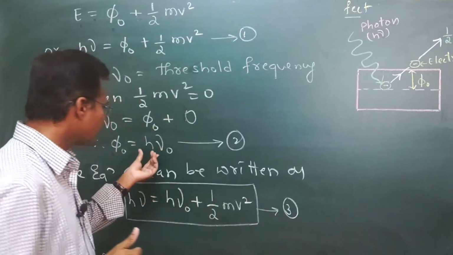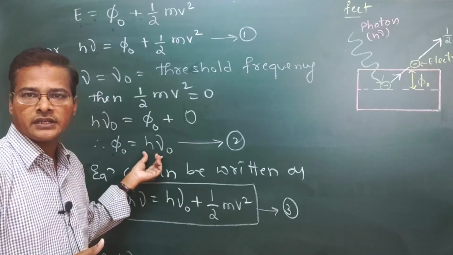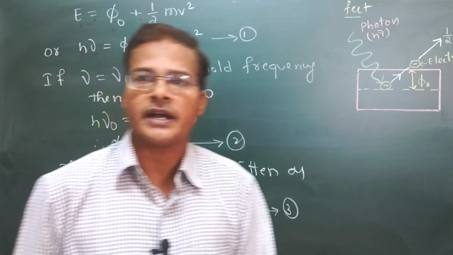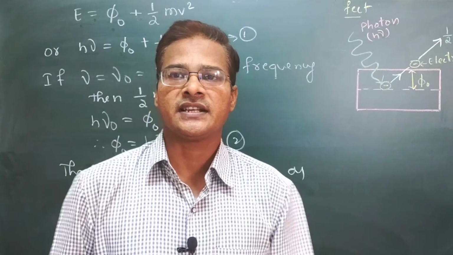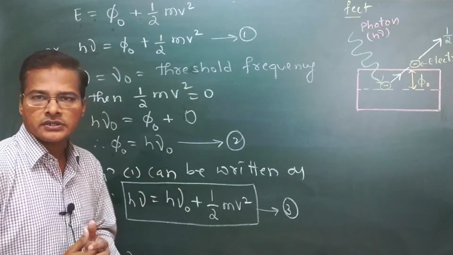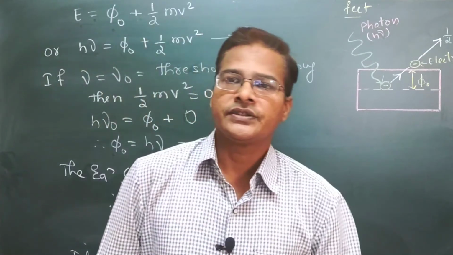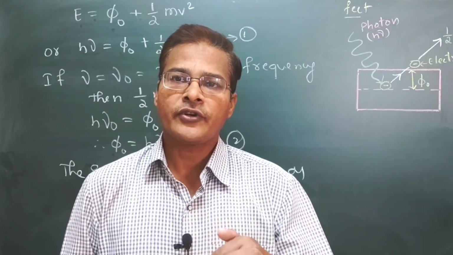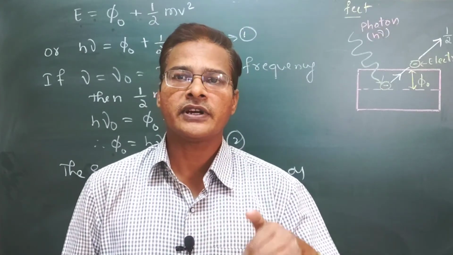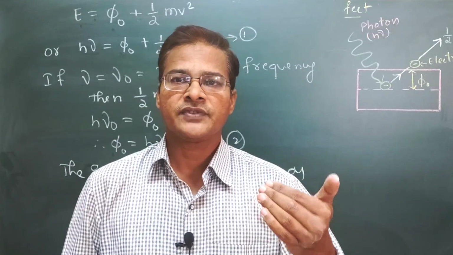The work function is nothing but energy only. The minimum energy means the minimum frequency, because of h nu naught, and that minimum frequency is called the threshold frequency. Only afterwards the electron is ejected from the metal surface.